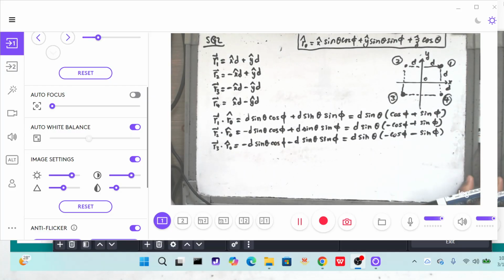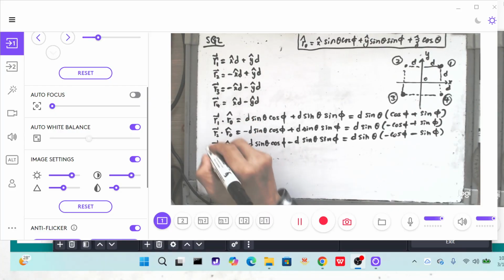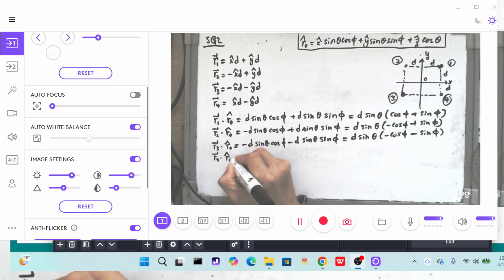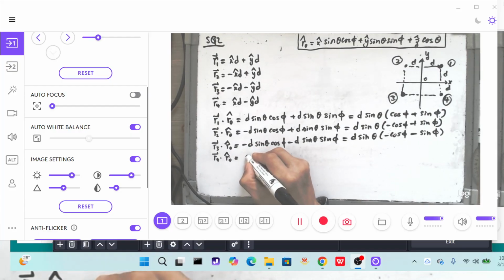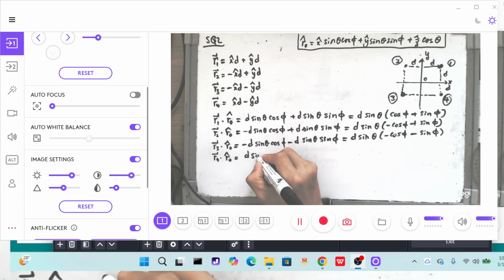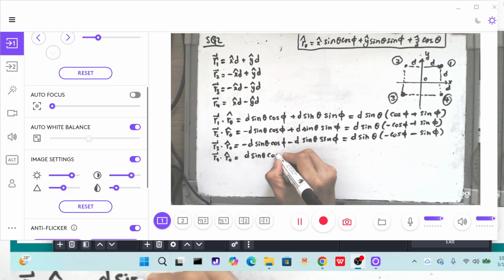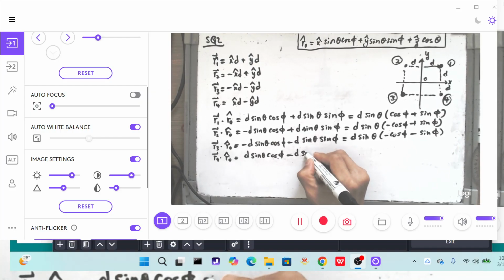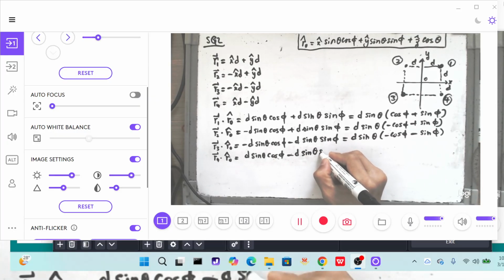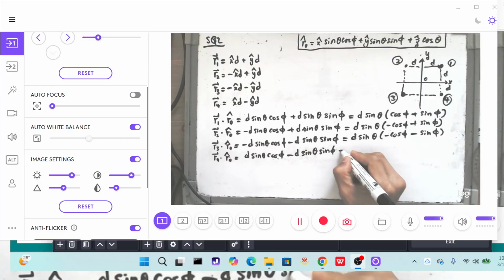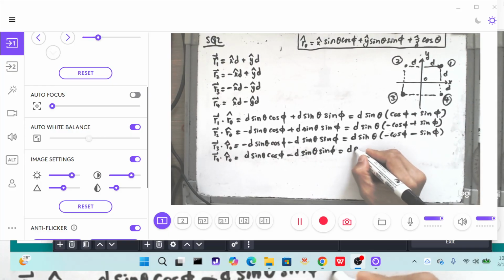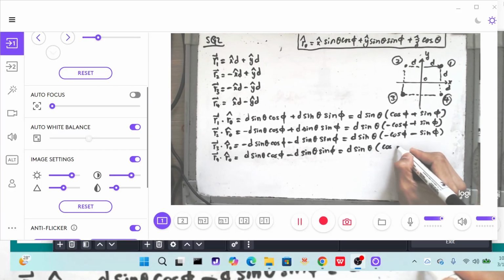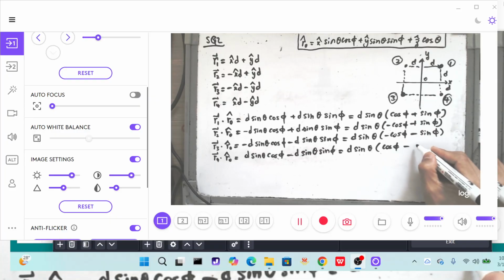And similarly, the process can continue for the last antenna: d sine theta cosine phi, and then minus d sine theta sine phi, and then d sine theta, and then cosine phi minus sine phi.